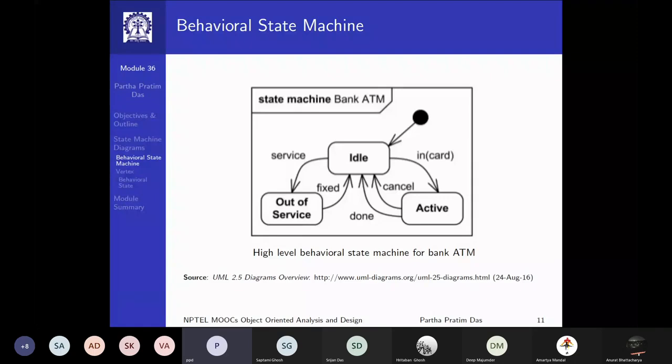In terms of the behavioral diagrams, we have the most abstract level of use case diagram. And then we have discussed the sequence diagram, talking about the temporal sequencing of messages, and the communication diagram, which is about the spatial distribution of messages. How do different objects collaborate by passing messages?